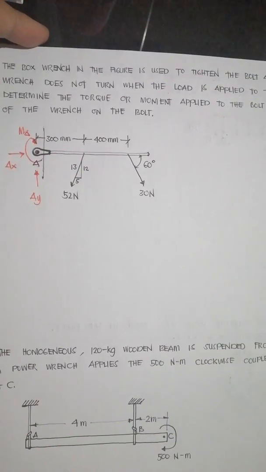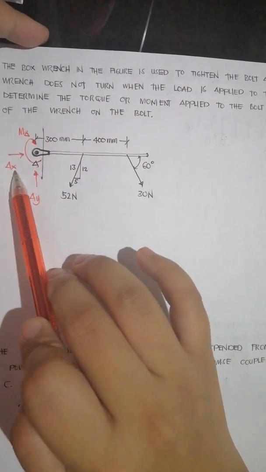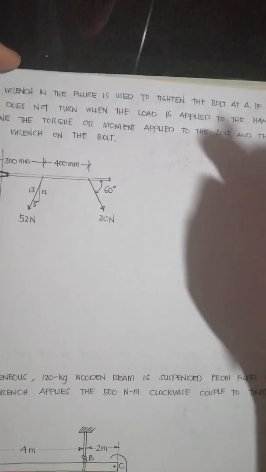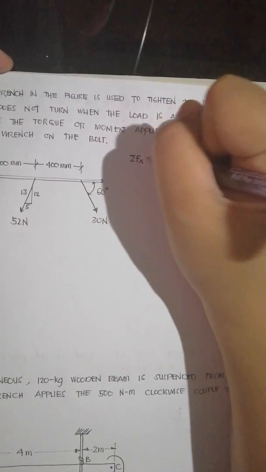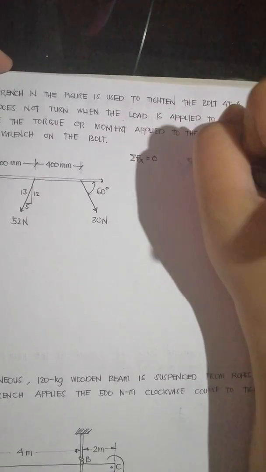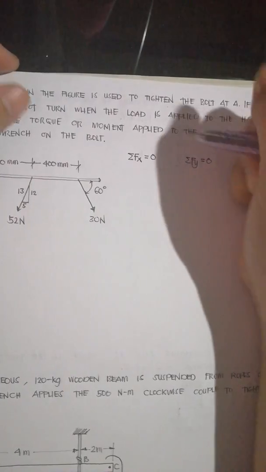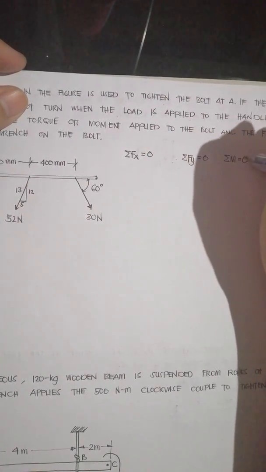We are now going to solve for the moment reaction, and the horizontal and vertical reactions. We will be using the three equations of equilibrium: summation of force x equals 0, summation of force y equals 0, and summation of moment equals 0.